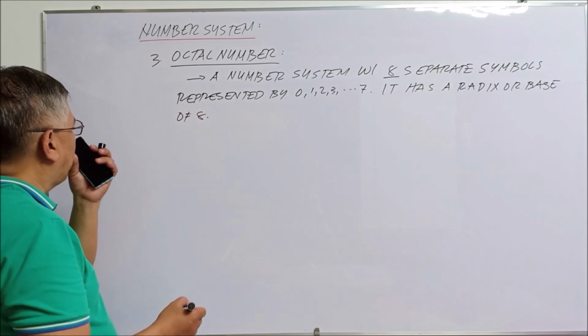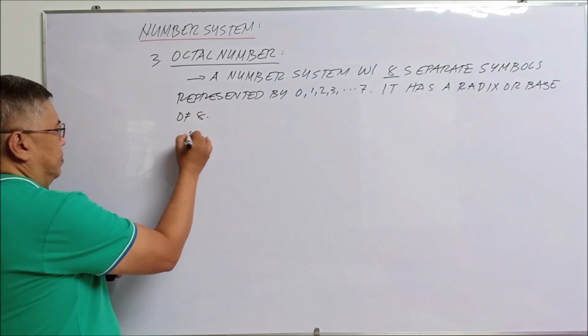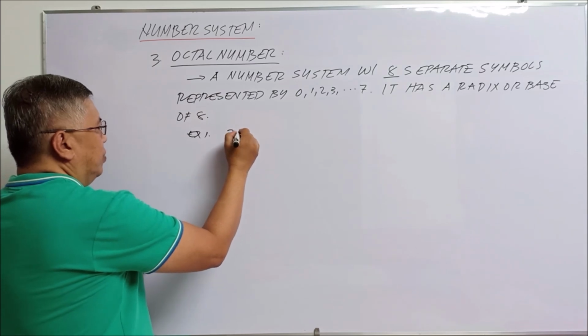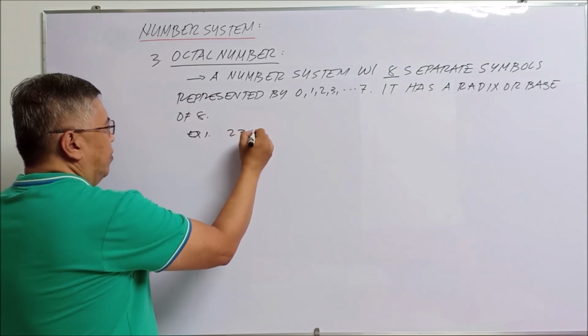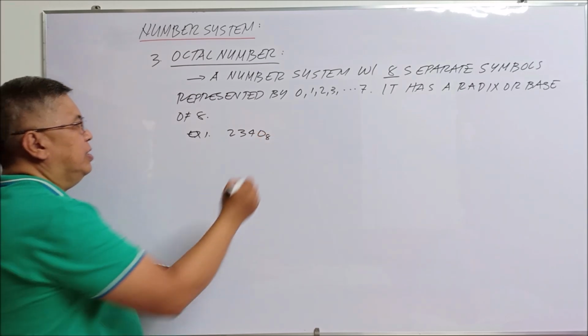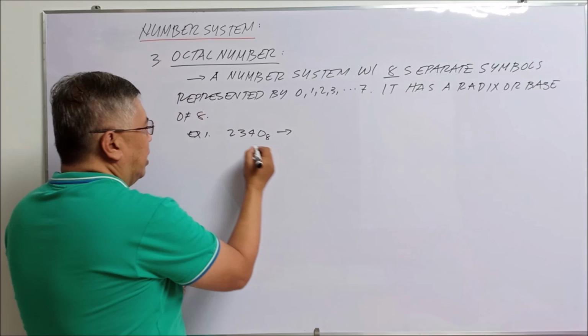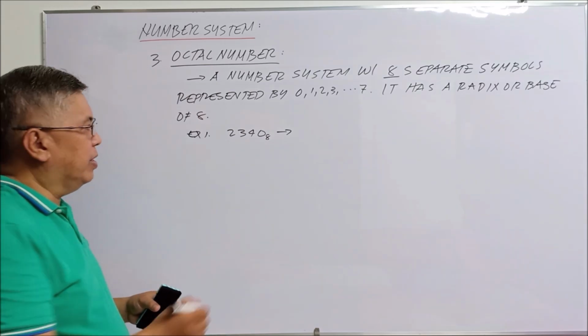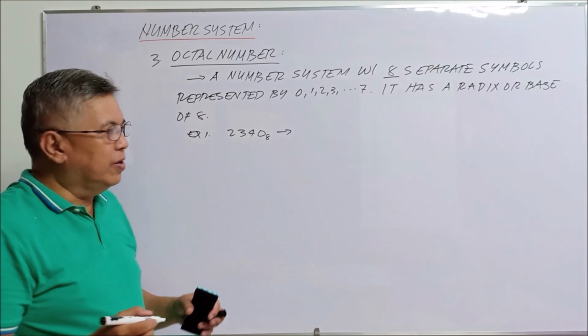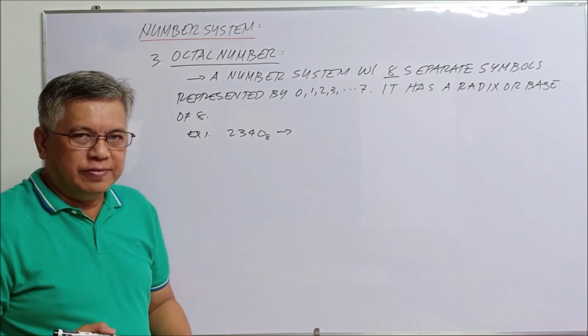So example, let's say 2340 of base 8. This is an octal number system, again, because of the base or radix of 8.